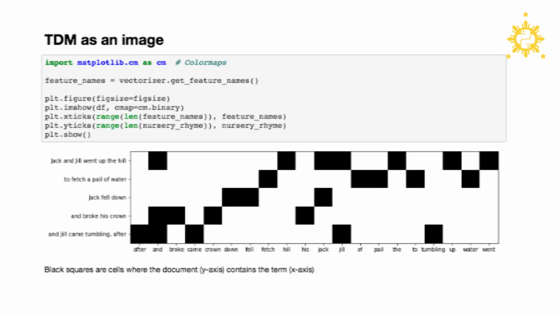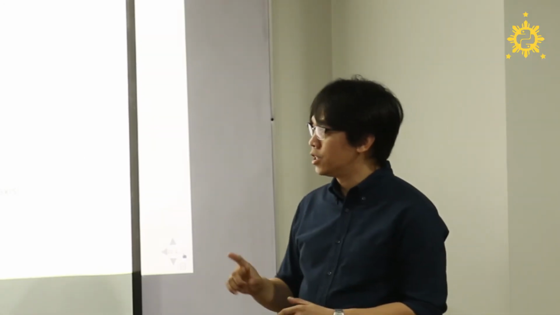You give it a 2-dimensional structure, and it tries to map it to an image. So XY coordinates, and it uses the values to indicate a color. Since our data is binary, just ones and zeros, for this particular example I just chose black and white. So the black squares are the cells where the document contains the term.